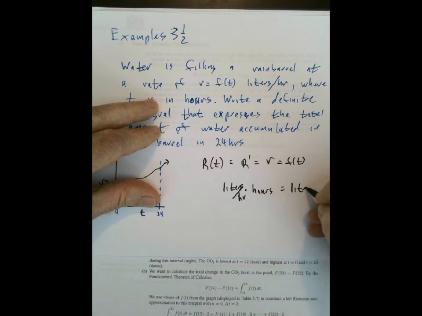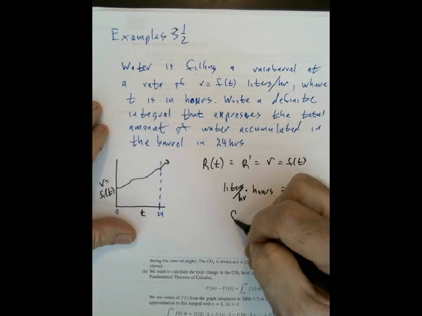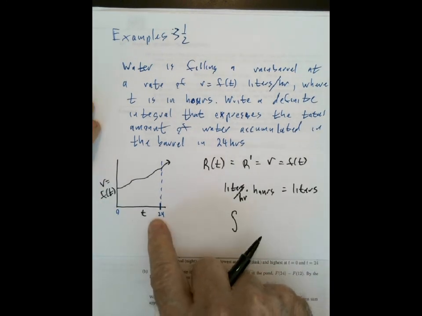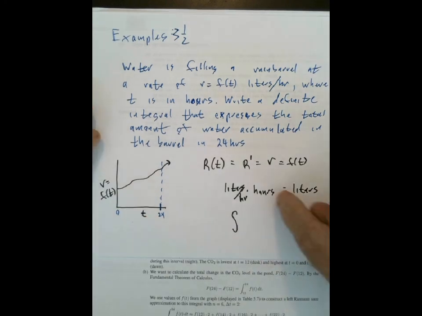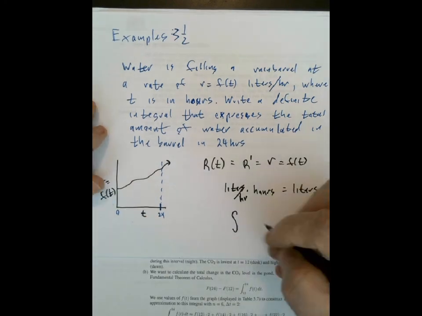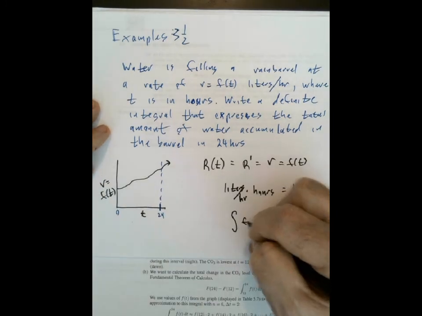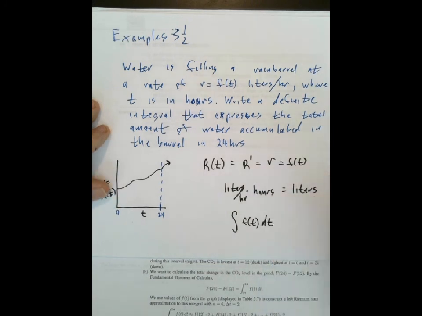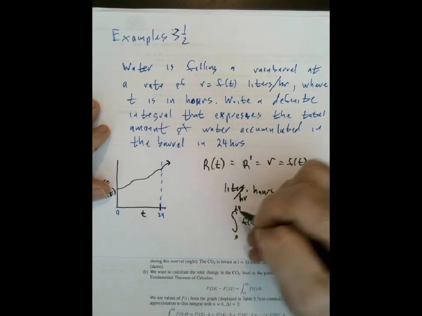So the definite integral is multiplying, very roughly speaking, x times y. The y is f of t, and the x is dt, from 0 to 24.